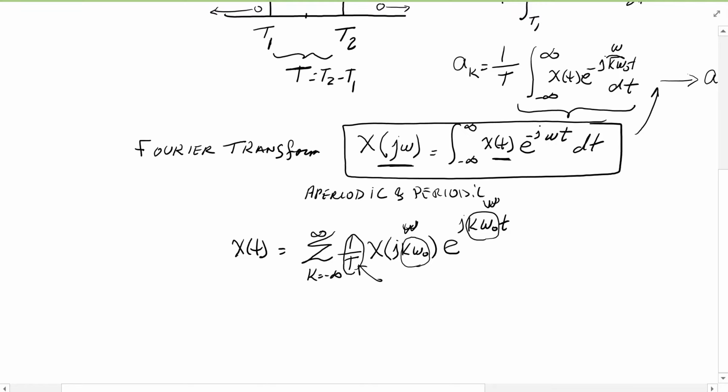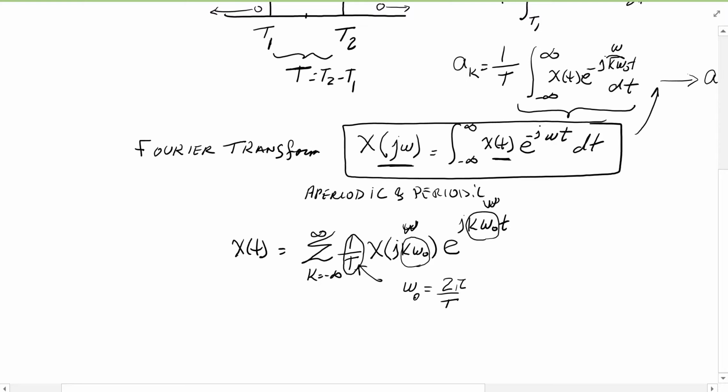So what we want to do is come back and see if we can write this one in terms of omega, and the answer is yeah, you can do that. We know that omega is equal to 2 pi over t. So if I know this and I have 1 over t, then I could write this thing a little bit differently. I'm sorry, this would be omega 0.